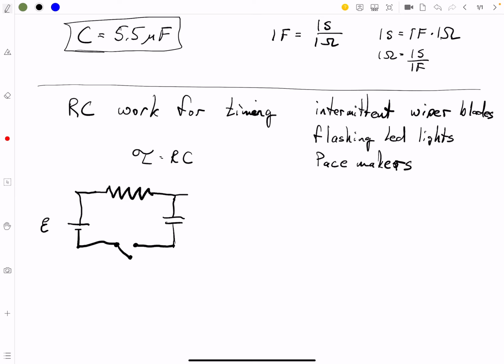Then there's a load, and the load is a high resistance flash bulb. Okay, so high R load, flash bulb.